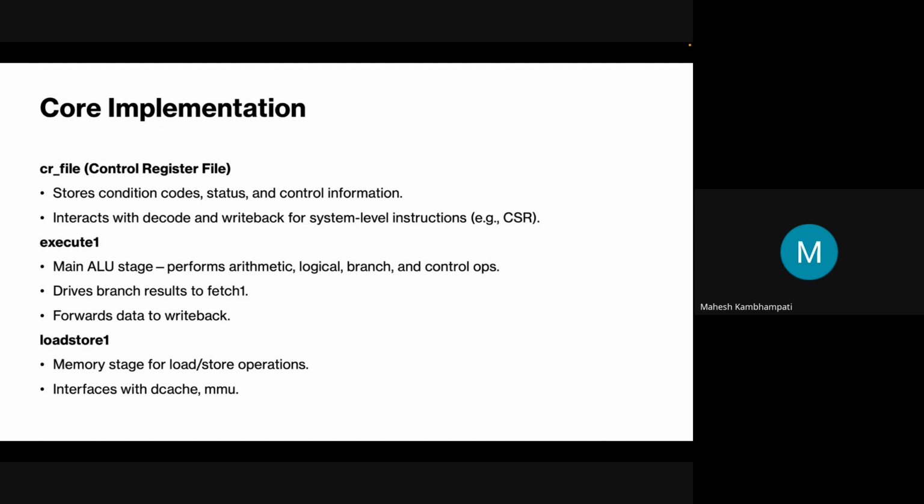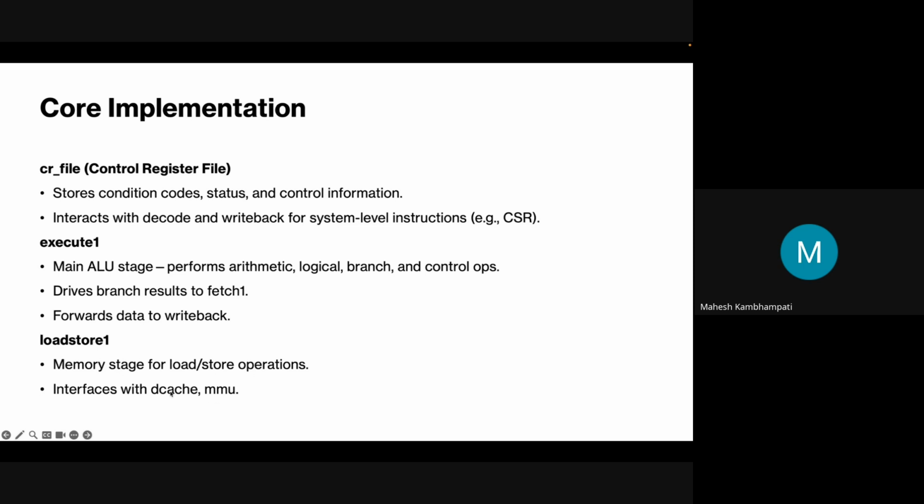Then the execute block simply executes what was fed through the operands, and drives the result to the load store block and or write back. It can also forward to fetch, depending on the instructions and data dependencies. Then the load store block usually accesses the memory for load store operations.